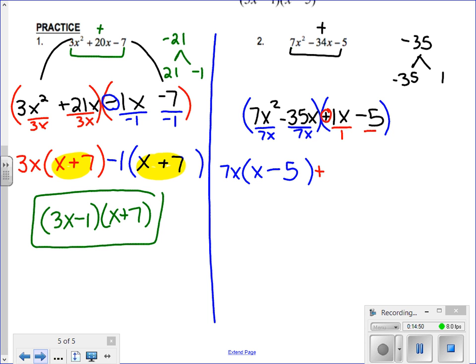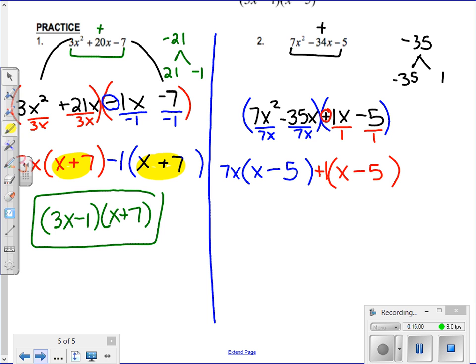The only thing these have in common is a 1, so that's my GCF. When I divide by 1, I'm left with 1x minus 5. And there we have x minus 5 the same in both sets. So your final factored form is 7x plus 1 times x minus 5.